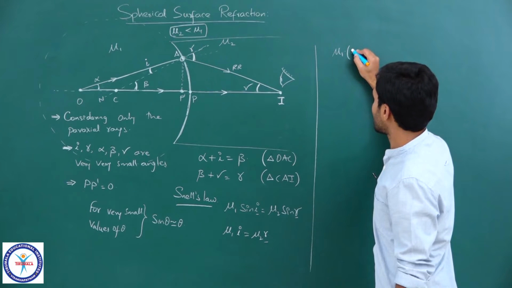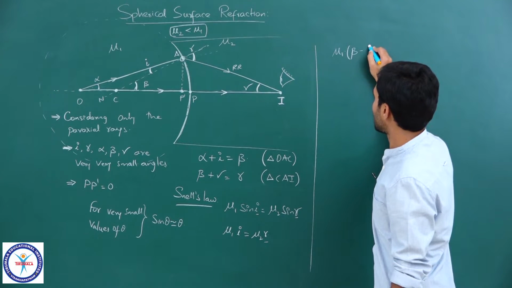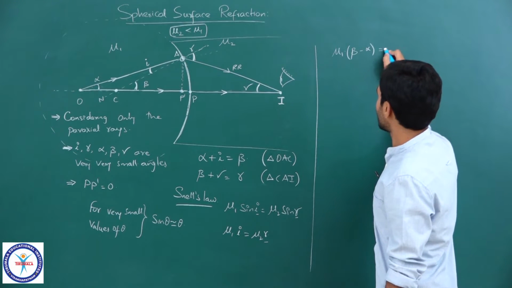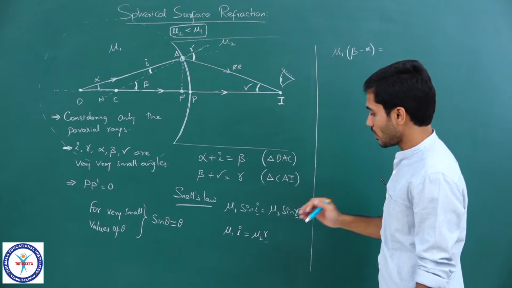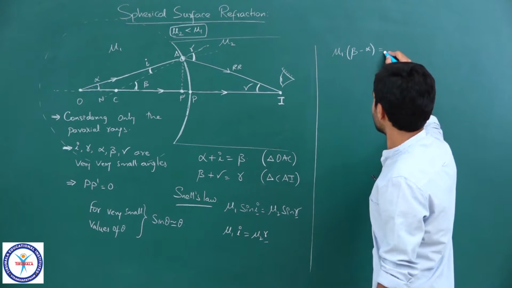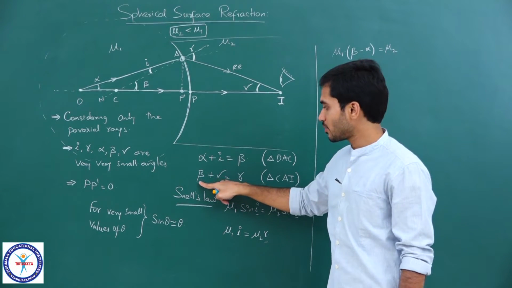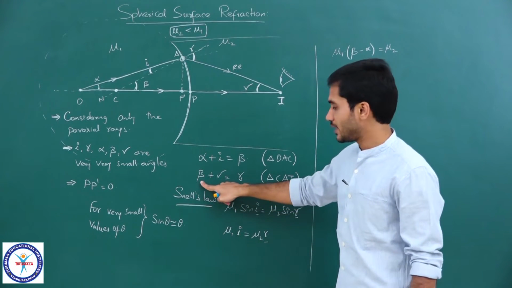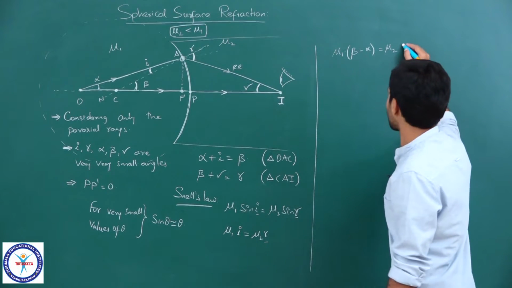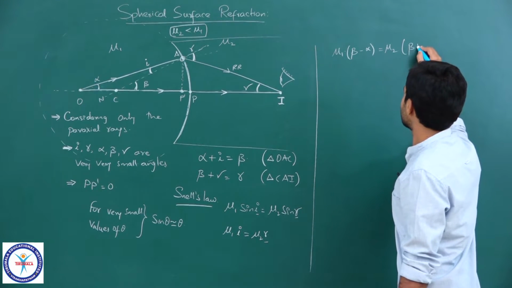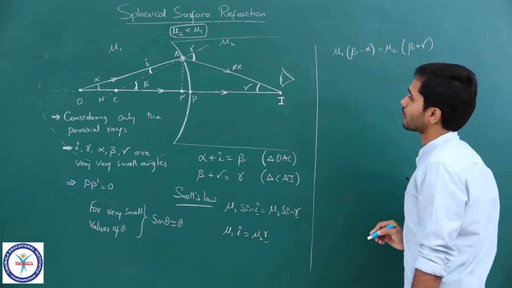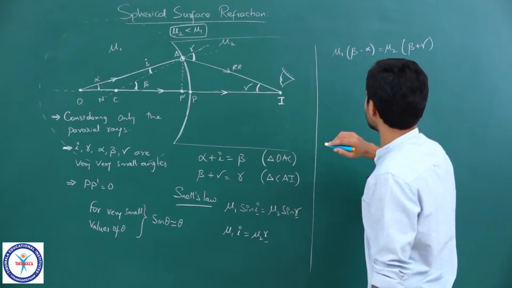So, in place of I I will write beta minus alpha is equal to mu 2 into R. What is R? R can be written as beta plus gamma. So, that is the expression which we get.